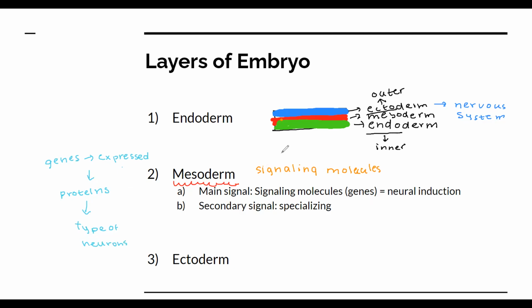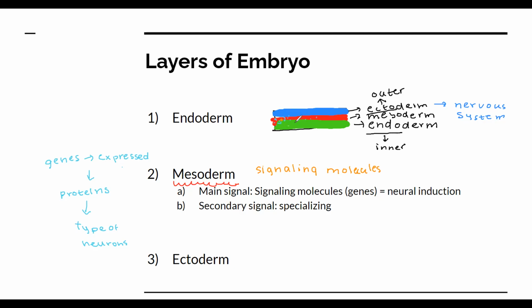So basically, the mesoderm will release a signaling molecule here, right? And the signaling molecule will release a high concentration nearby and slowly disperse and become less concentrated as it goes up, right? So higher concentration causes a different set of genes to be turned on.